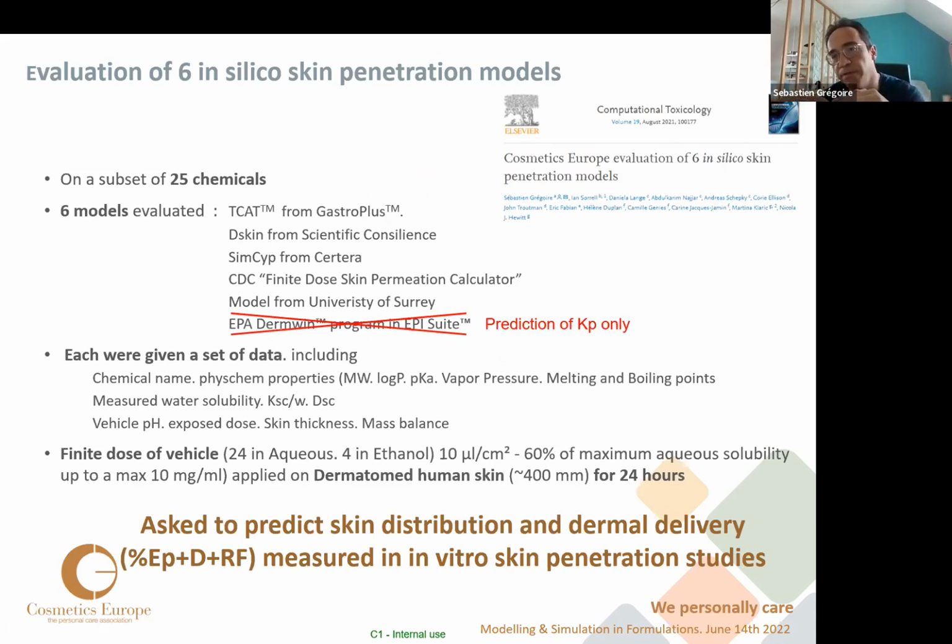Moreover, such a parameter is compliant when the experiment is done with infinite dose, meaning a large volume of vehicle applied on the skin. That's why the outcome of this model was not compliant with the experimental protocol we used, and also why it was discarded.